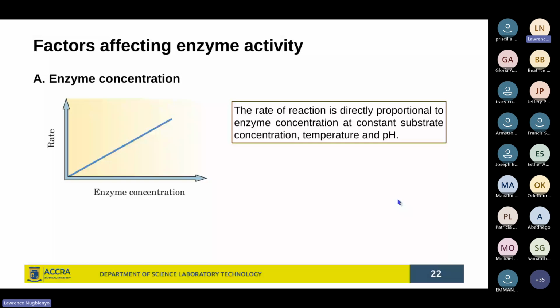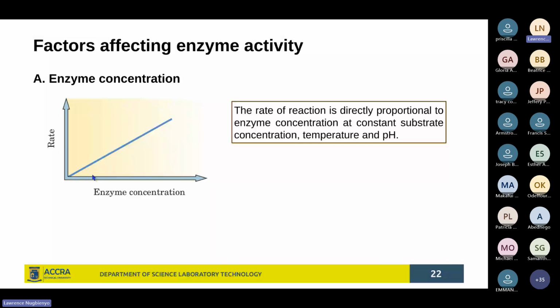And so you see that the graph plotted, of the rate against the enzyme concentration, shows a straight line, showing direct proportionality between the rate of reaction and the enzyme concentration.